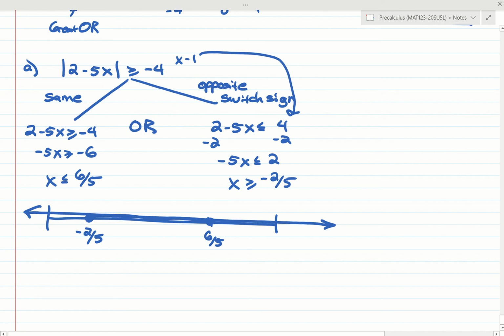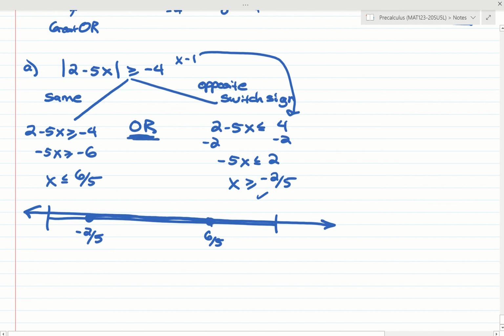So what would actually the answer be? Well, we're looking to satisfy both of them, or one of them, right? So what about 0? If I let 0, that would be less than 6/5, right? But it also works here. So what about, let's say, 10? 10 is greater than -2/5, or less than 6/5.